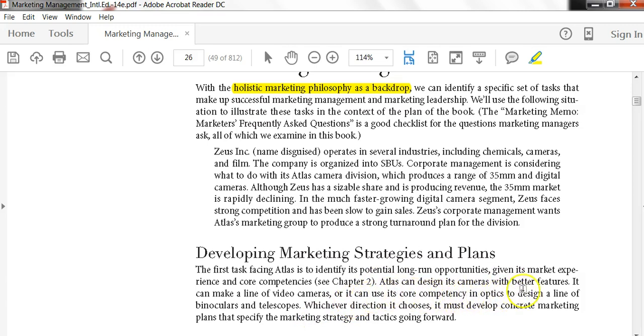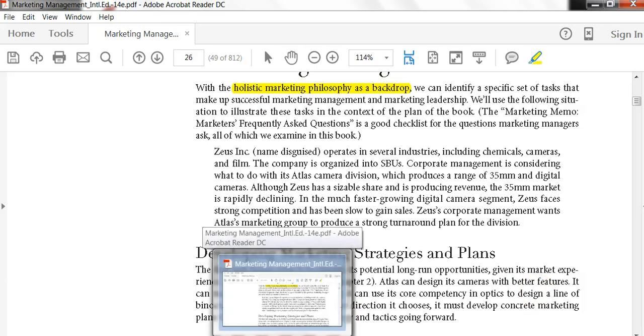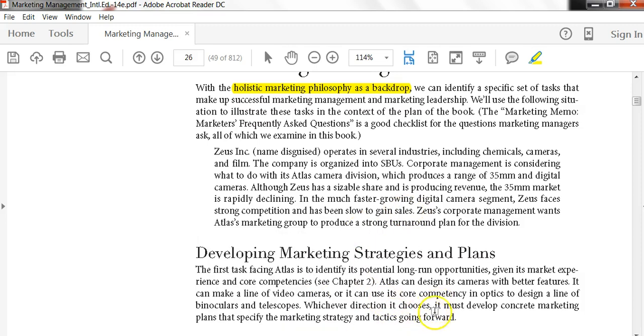It can use its core competency in optics to design a line of binoculars and telescopes. So they can diversify and move on to other segments to increase their revenue, and they can create a marketing strategy and tactics to go forward from there.